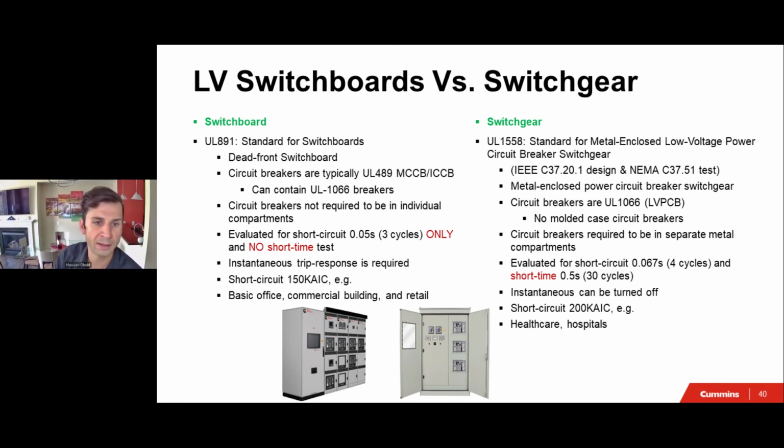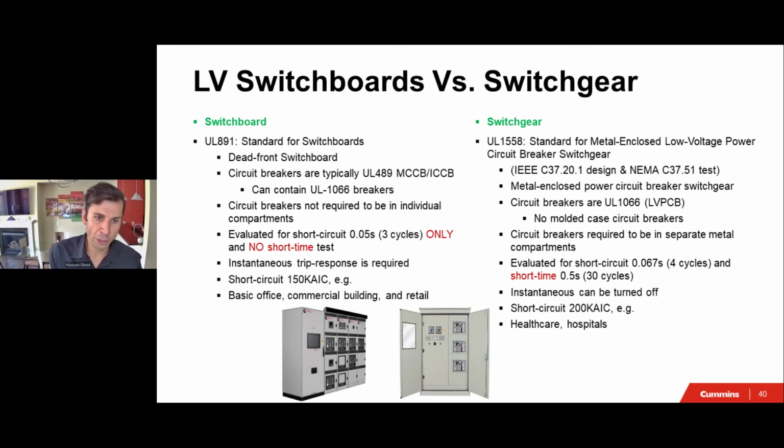On the other hand, 1058, the standard for metal enclosed low voltage power circuit breaker, that's IEEE C37.20.1, designed and tested to NEMA. In there, you will have LVPCB, low voltage power circuit breakers, no molded case circuit breakers.